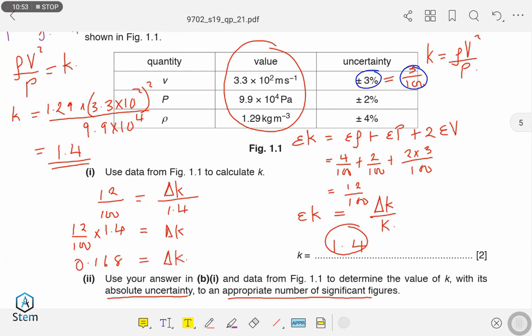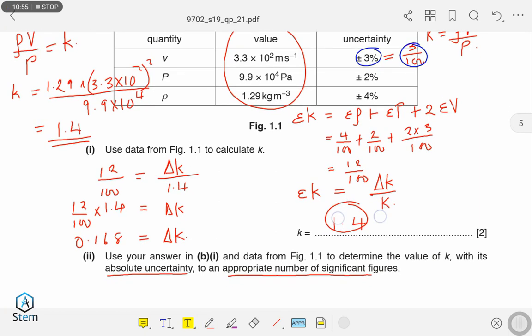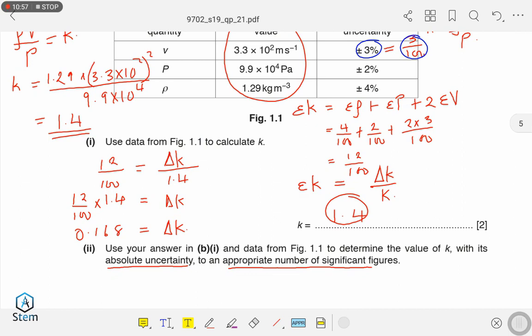So now we need to show our answers to the appropriate number of significant figures. Generally, the appropriate number of significant figures would be the number of significant figures which match the data that has the smallest number of significant figures in the raw data.